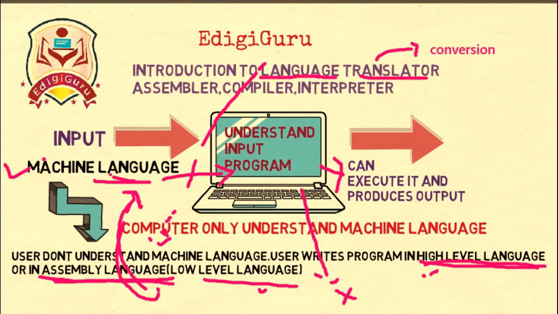So here the language translators convert the user written programs, which are in high level language or assembly and low level language, to machine language, which the computer can understand and execute.